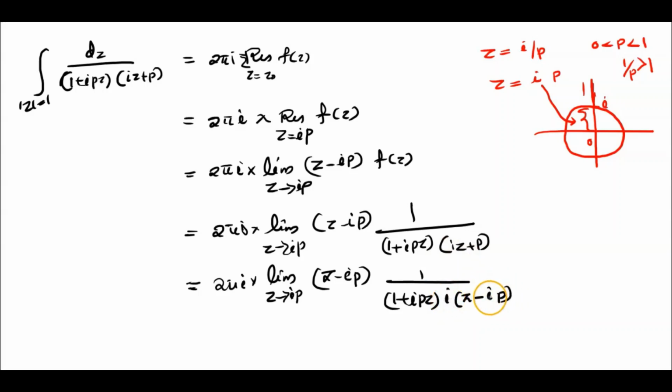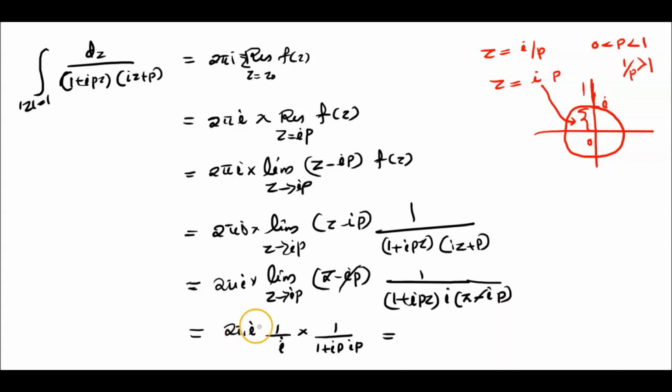When we take i outside, we multiply it with the minus i, that means 1 by i. So z minus ip is cancelled. Now applying the limit, we get 1 by i into 1 by 1 plus ip, substituting ip for z, into ip.